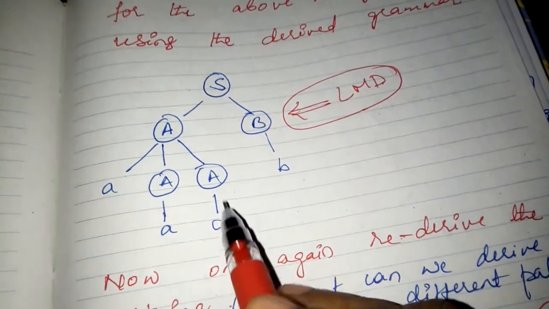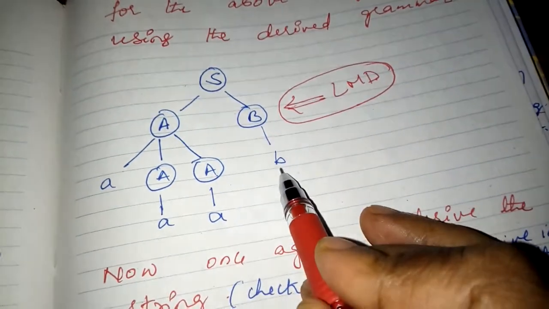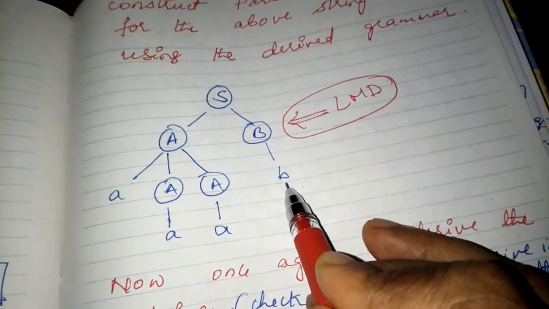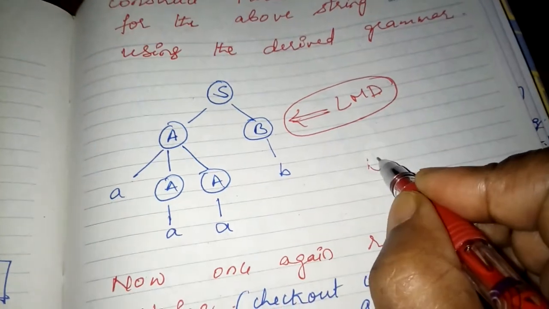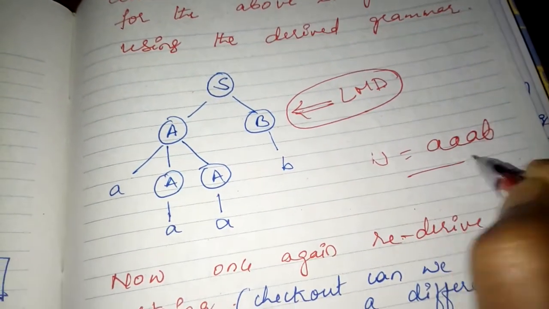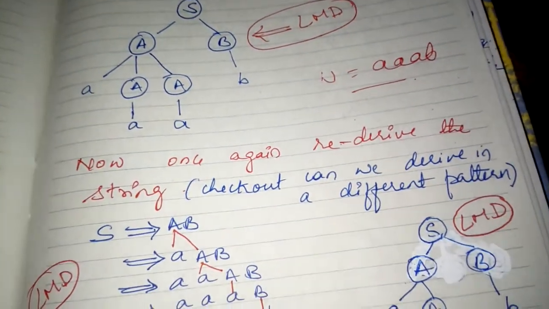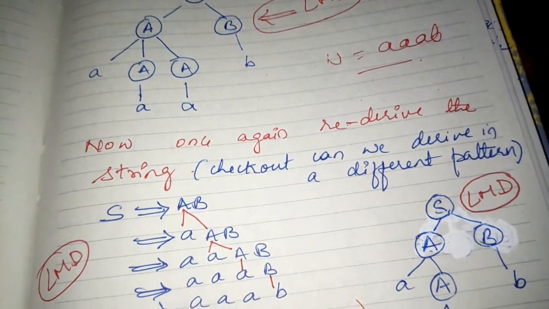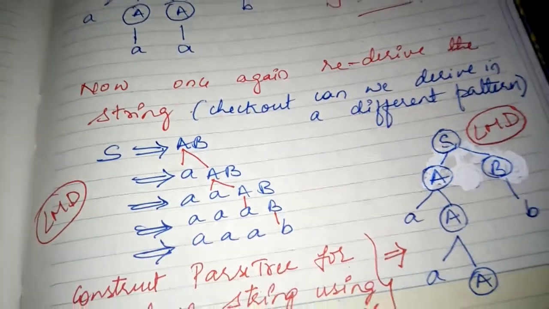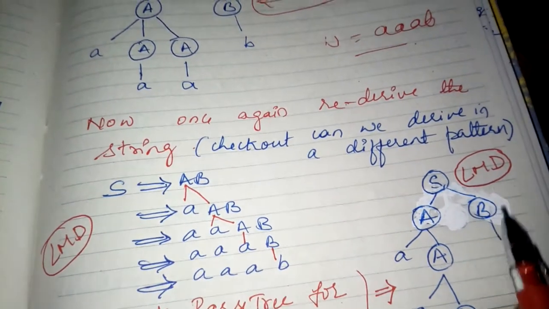Next this rederives to a lowercase terminal symbol, and then this variable rederives to a lowercase terminal symbol. That is w = aab, we got aab. Now once again we will rederive the given string, to check whether we can derive it in a different pattern. So we have seen this leftmost derivation.